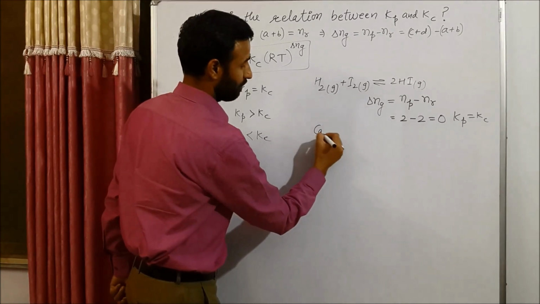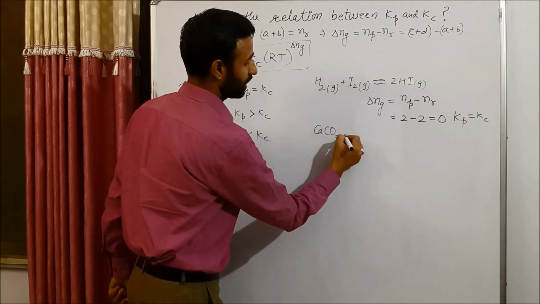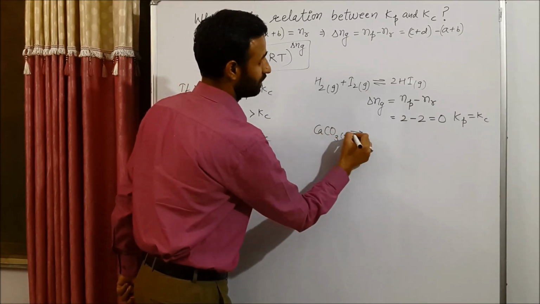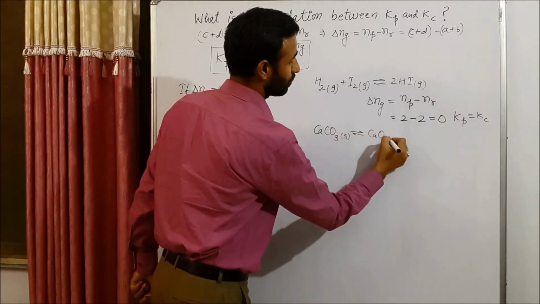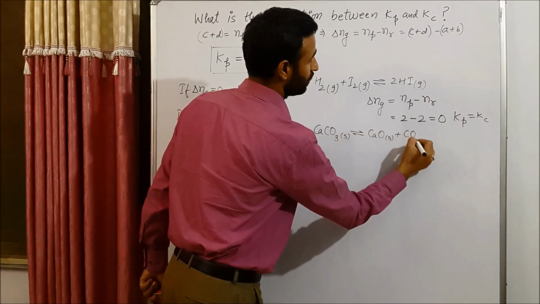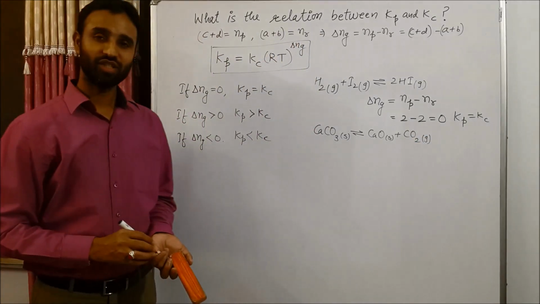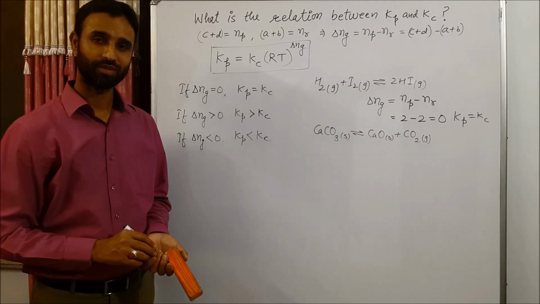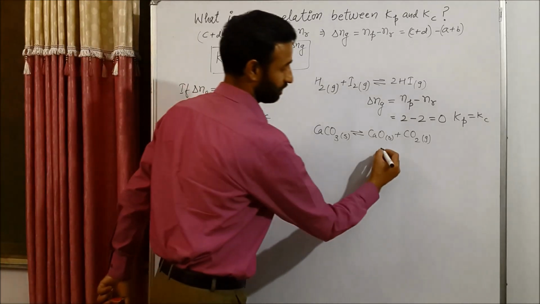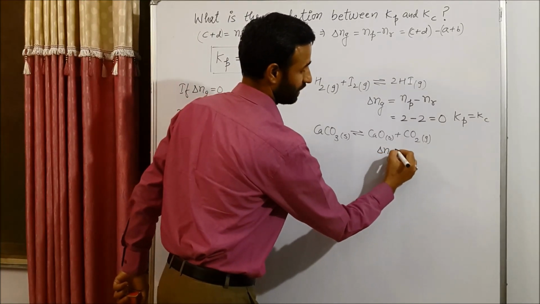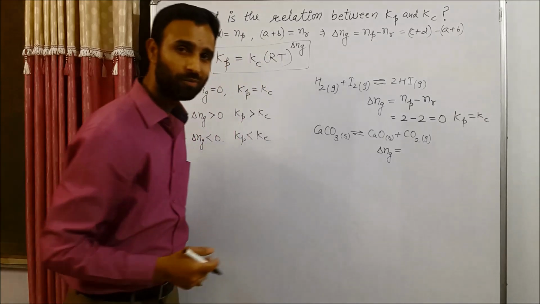Okay, if we have a reaction like this, calcium carbonate solid to give calcium oxide solid and CO2 gas, what is delta Ng for this reaction? Tell me.